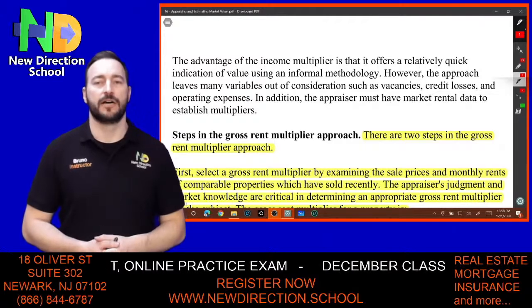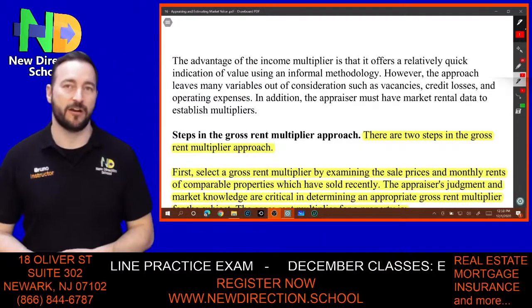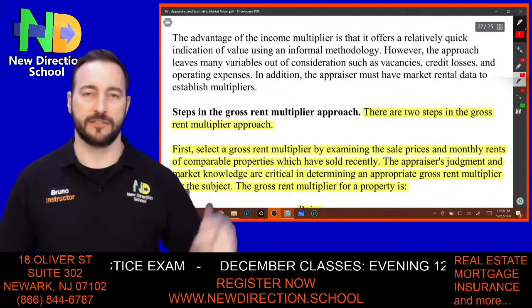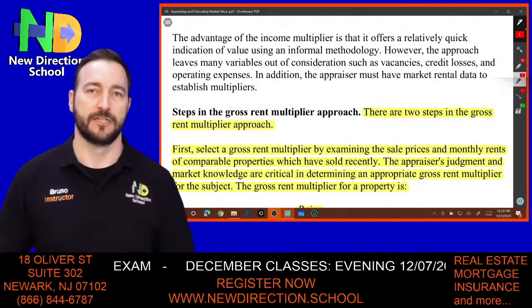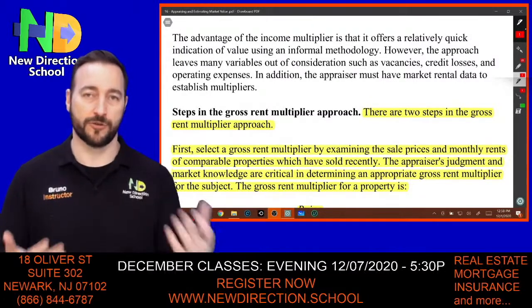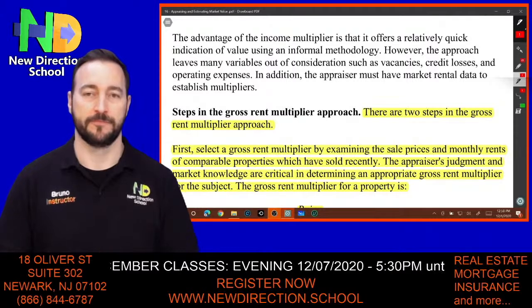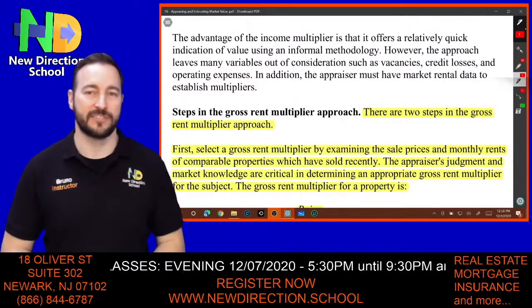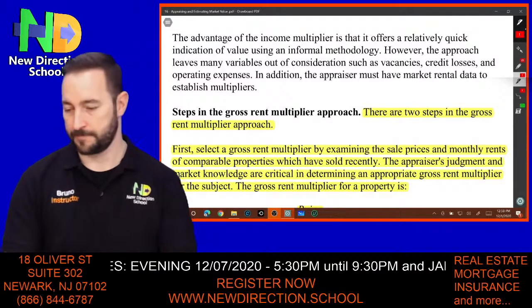However, the approach leaves many variables out of consideration, such as vacancy, credit losses, and operating expenses, because gross rent is not the net. It's like your gross salary versus your net salary. In addition, the appraiser must have market rental data to establish these multipliers.